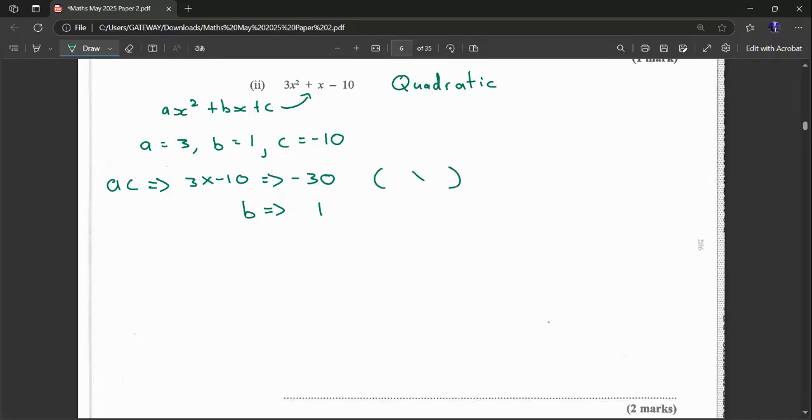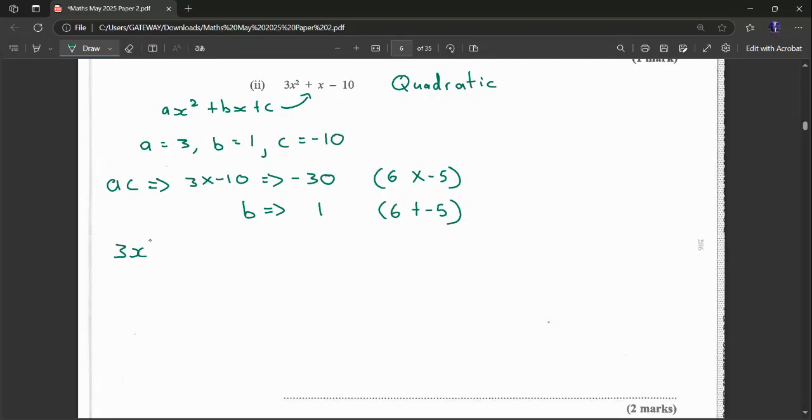This is by trial and error method here. I'm looking for two numbers that when added will give me 1 and when multiplied will give me negative 30. By trial and error, I'm getting 6 plus negative 5 is positive 1, and 6 multiplied by negative 5 is negative 30.